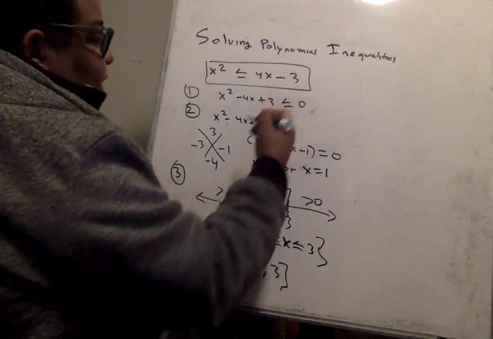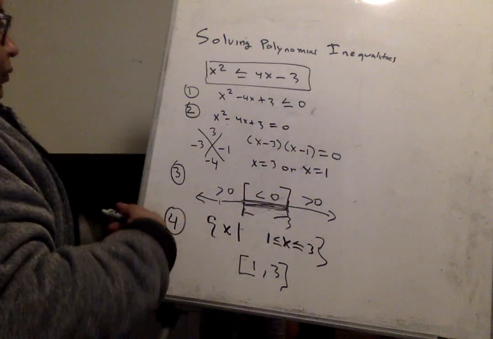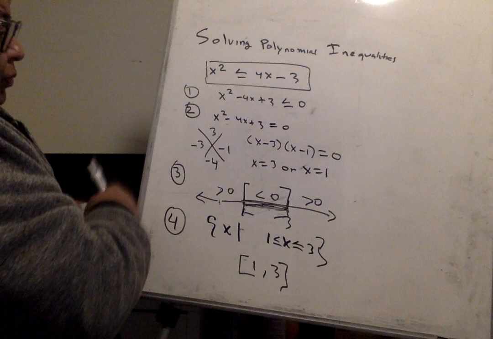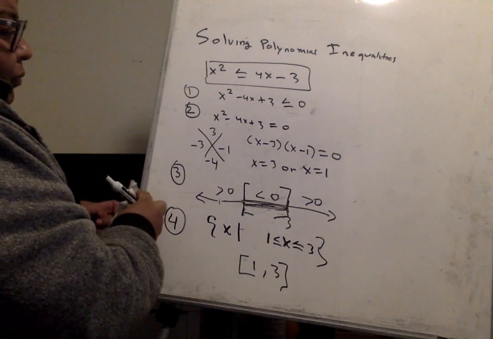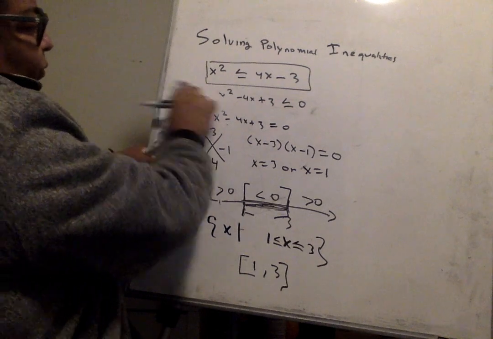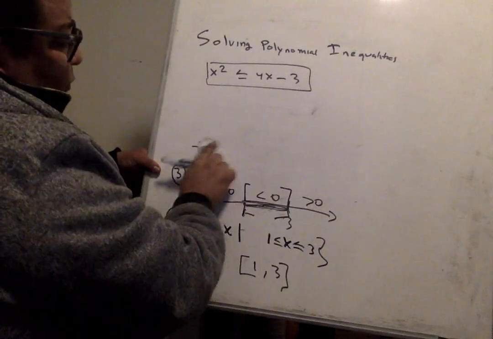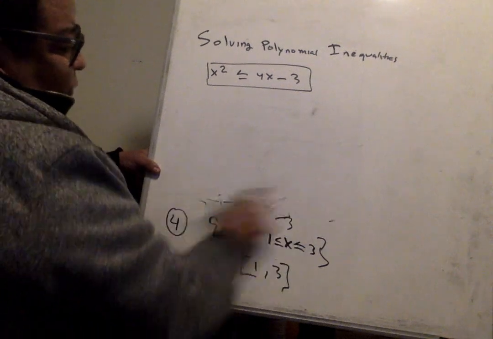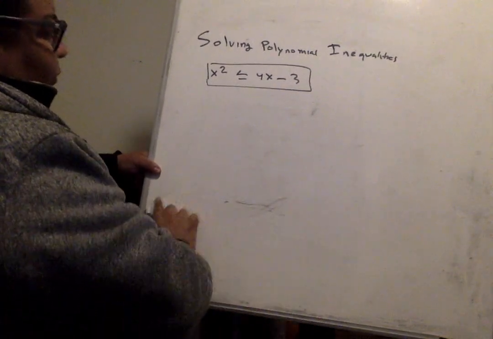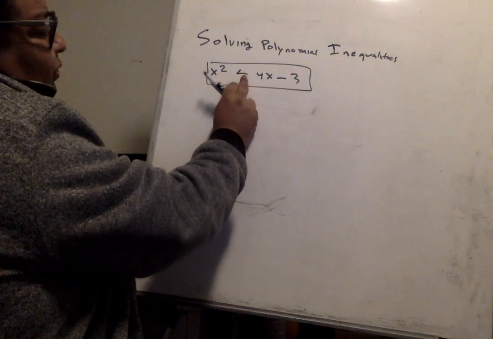Let's say now that we want to look at strictly less than.